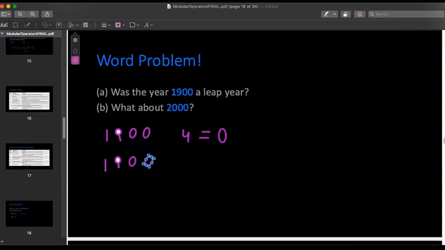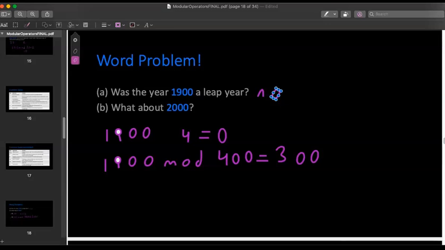It's 9,000 mod 400, and that equals some remainder. Does anyone know what that remainder is? 300. Perfect. So because that's not 0, then it's not a leap year. So the answer is no, it's not.